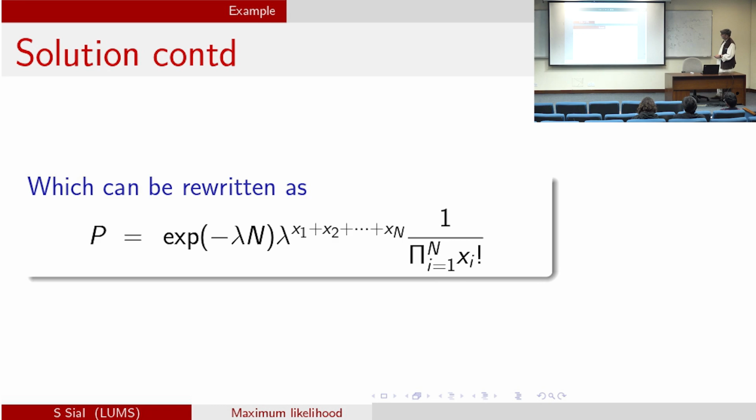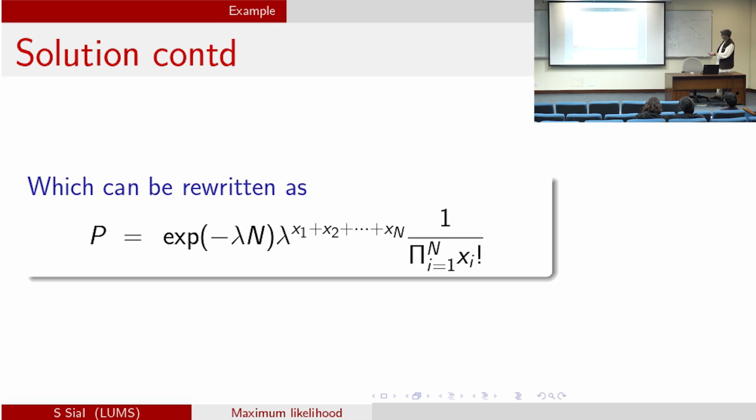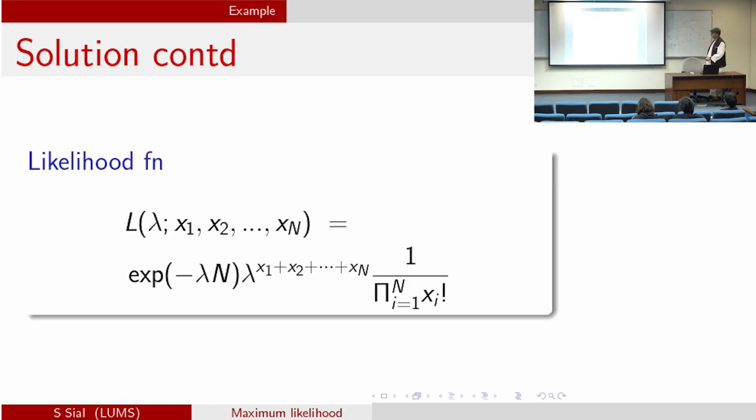And then that's lambda to the x1 times lambda to the x2 times lambda to the x3, so by rules of exponents, that term gives us lambda to the x1 plus x2 up to xn. Is that okay?